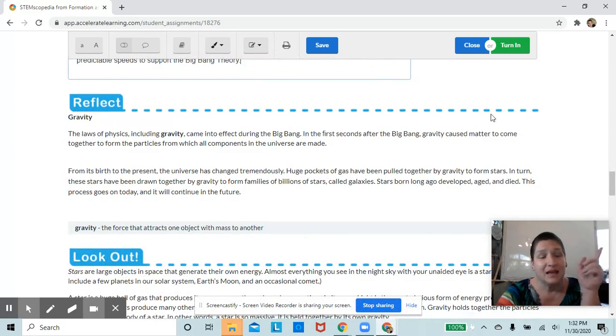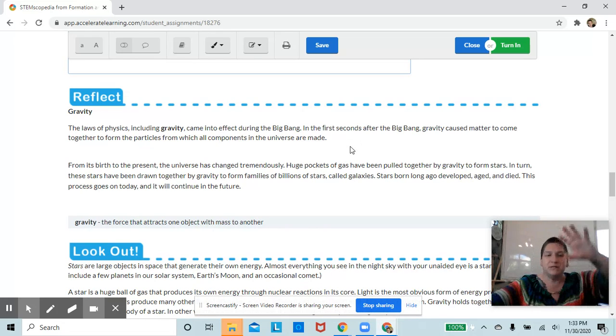All right. Now, I'm going to read this last part, and then we're going to move on to our field trip. So, gravity. The laws of physics, including gravity, came into effect during the Big Bang. In the first seconds after the Big Bang, gravity caused matter to come together to form particles from which all components of the universe are made.